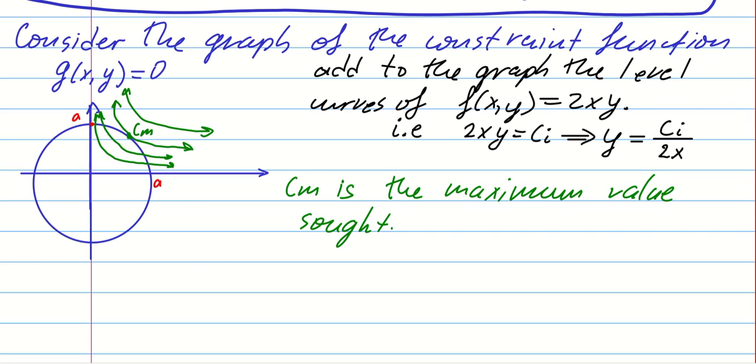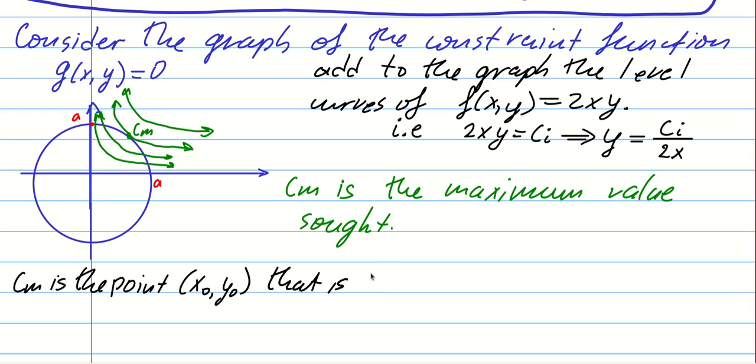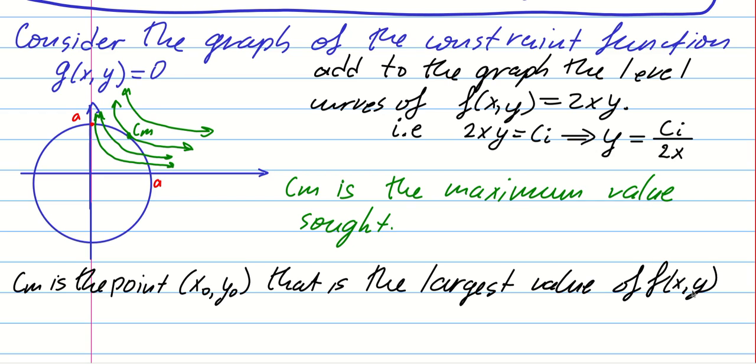What else do we know about c sub m? We know that c sub m is attained at the point (x sub 0, y sub 0) that is the largest value of f of x, y, and the largest value of f is the area of the rectangle.